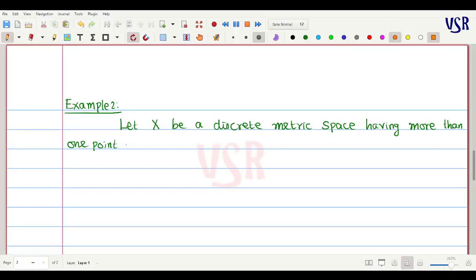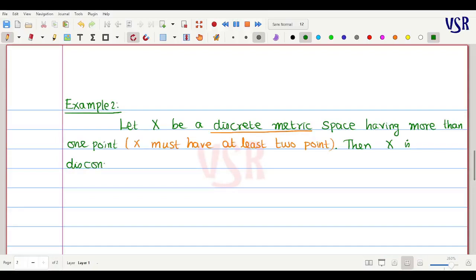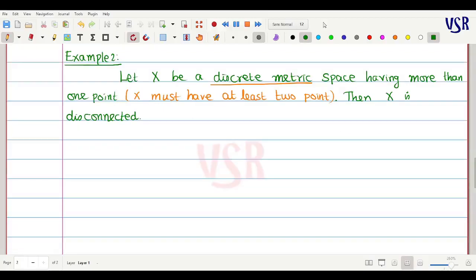ஓகேங்களா? The X is a discrete metric. இதான் ரொம்ப முக்கியம். It is a discrete metric space having at least 2 points, then capital X is disconnected. Okay, எப்படி சார் proof பண்றது அப்படின்னா ரொம்ப சிம்பிள்.